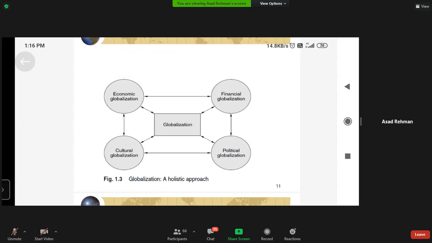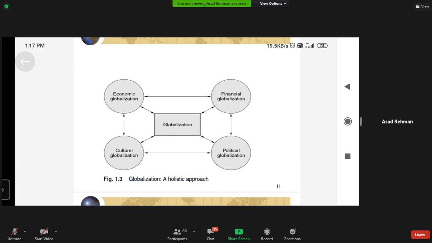Now here you have a look at a simple diagram which explains that globalization is a very comprehensive term which we have been discussing so far. It's not just about the economic policies which are more suitable for the conduct of business across different countries.